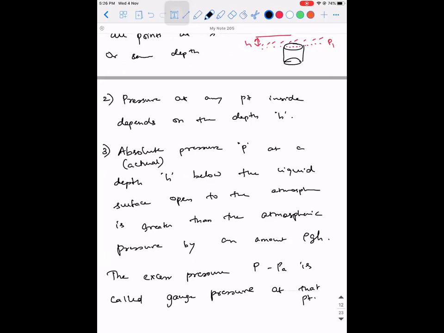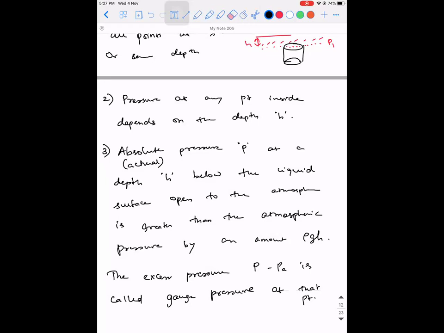I'll explain the third point also. First, make a note of it. I have a doubt. Tell me. In the third point, the second last line, what have you written, sir?